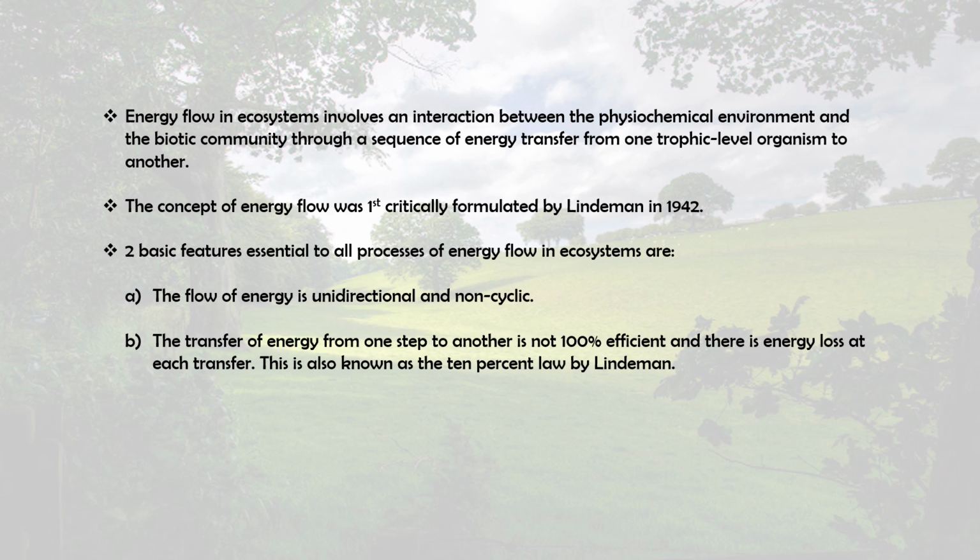So this is the 10% law, and it may be defined as: during the transfer of food energy from one trophic level to another, only 10% is stored at the higher trophic level, and the remaining 90% is lost in the metabolic processes like respiration in the form of heat.